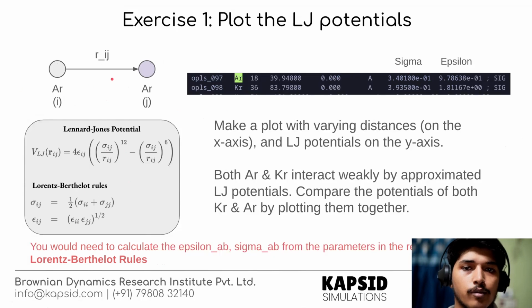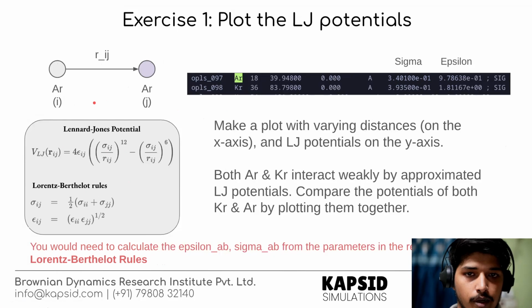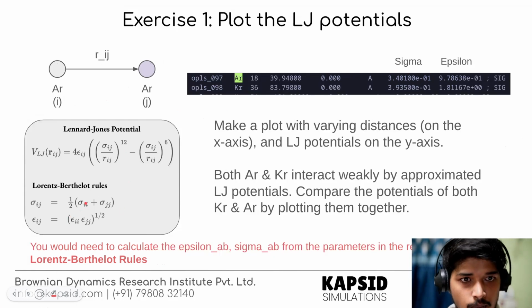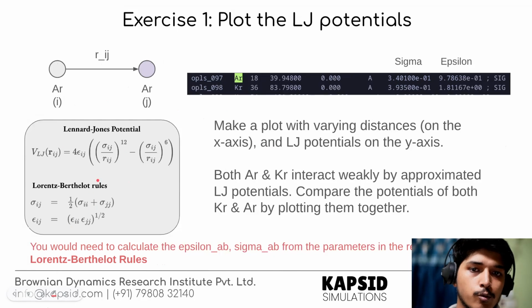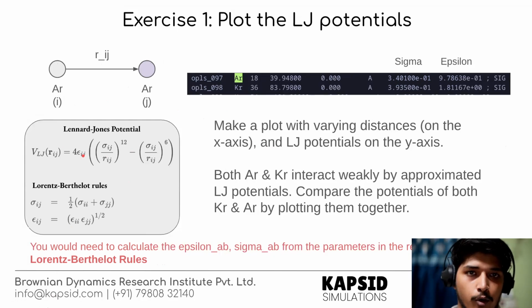But the interesting part will be the argon-krypton part, where you have to use the Lorentz-Berthelot rules. You have to use these rules to find sigma ij and epsilon ij, and according to that you then plot the Lennard-Jones potential.